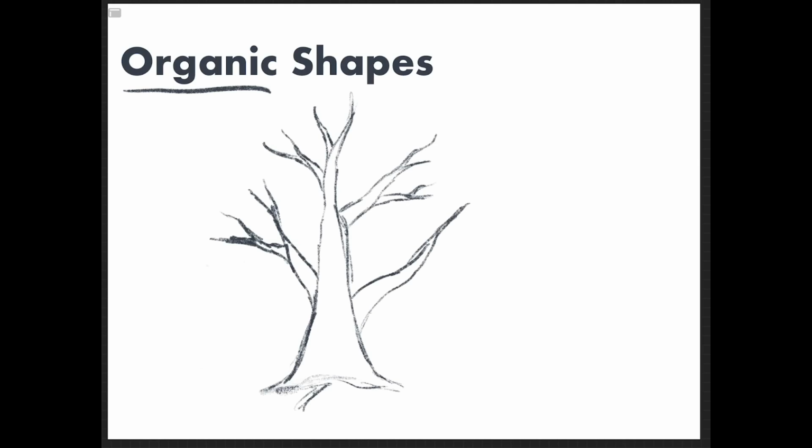Also notice that the branches are all kind of reaching upwards. There are some types of trees where the branches come down, but for the most part, most trees, the branches reach upwards towards the sun. And so I don't want to start drawing branches that hang down like that. That would just look awkward.